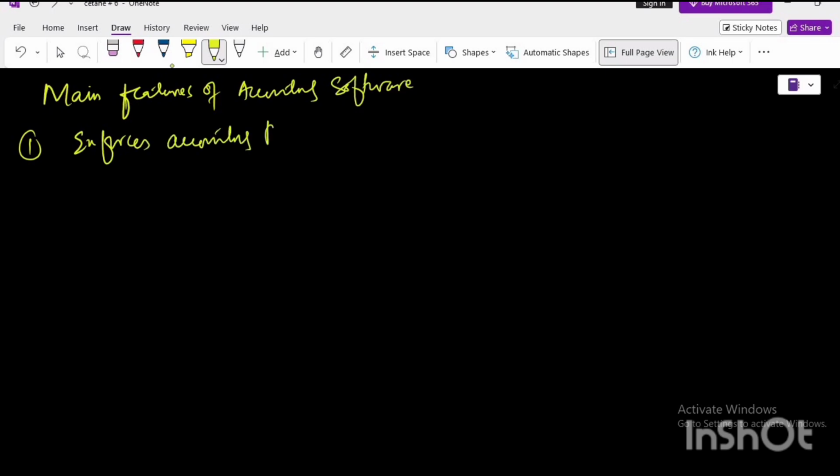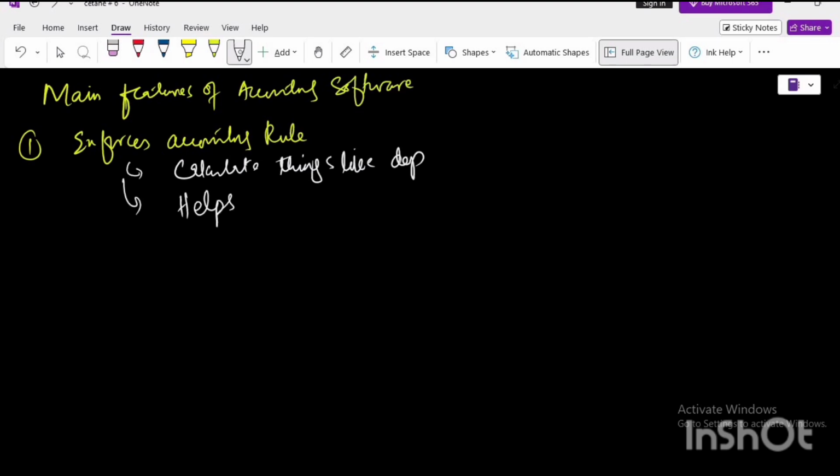By this we mean that, let's say, it calculates things like the depreciation. You may say that this helps the accountant, but it doesn't replace the accountant.